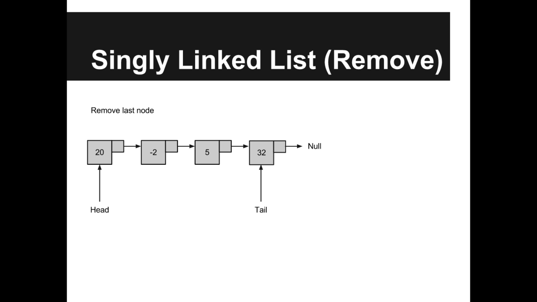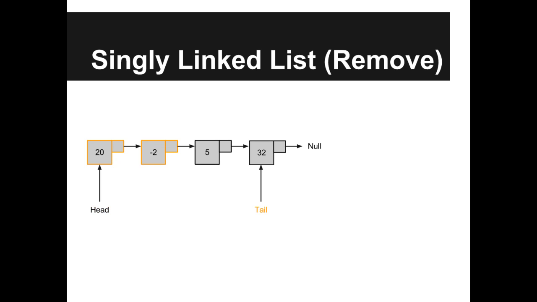The way to do that is to start from the head of the linked list and compare what you're looking at to the tail of the linked list. So is the node 20 at the end of our linked list, is node 20 the same thing that tail is pointing at? We say that no, it's not the same thing, so we're gonna move on to the next element.